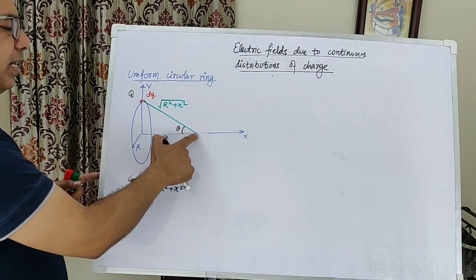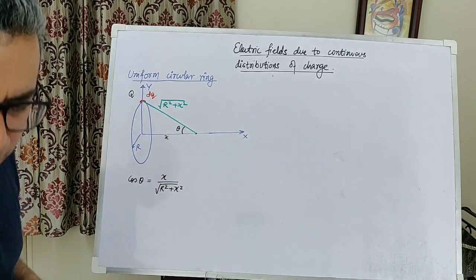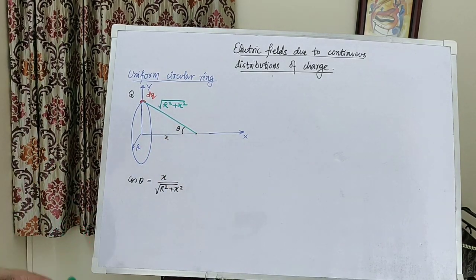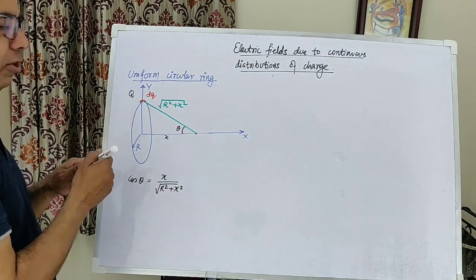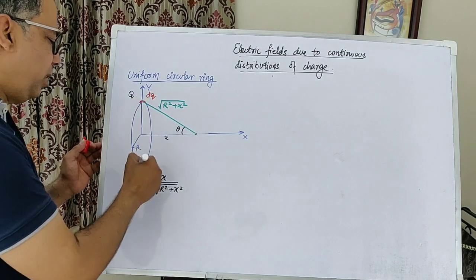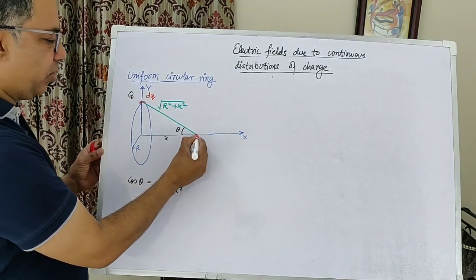Now, we're interested in calculating the field due to charge dq at this point. To do that, we need to know the distance and the charge. We know both. I'm assuming this charge on the ring to be positive, so dq is positive as well.